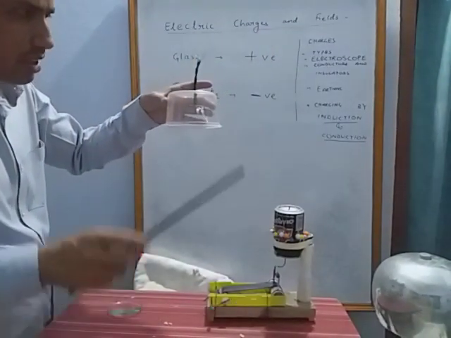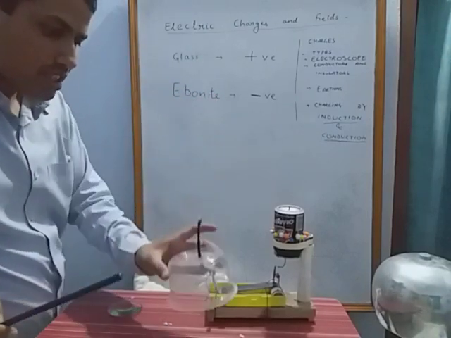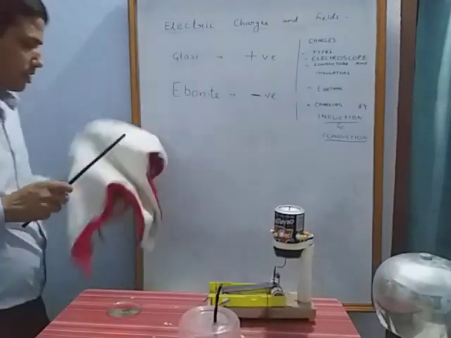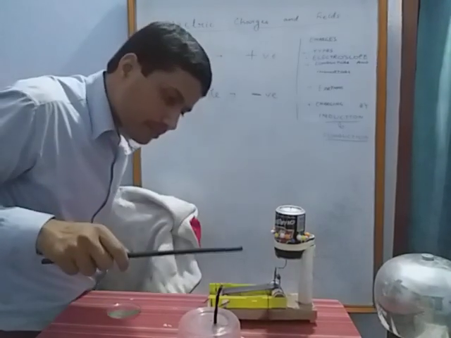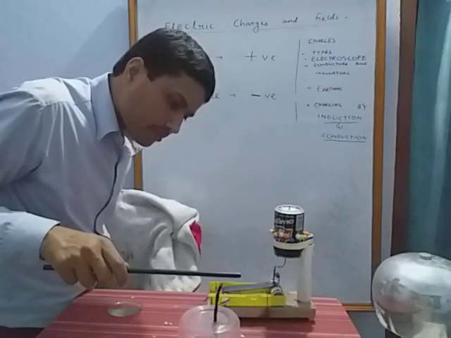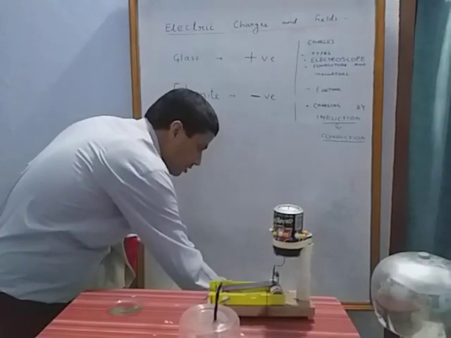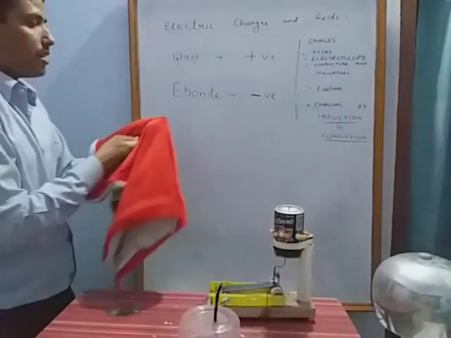Now this repulsion, what do you expect would happen if I bring a positively charged glass rod? Let me try to induce some more charge, first negatively. Okay. Now I'll bring a glass rod rubbed with silk.